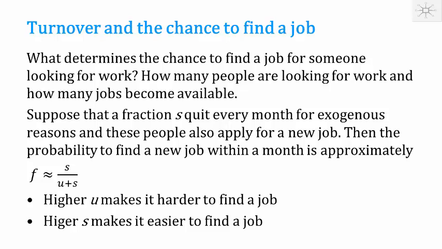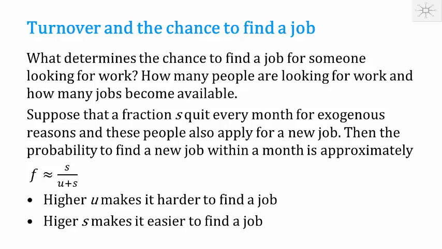Then one can show that the probability to find a new job for someone who is actively looking for work, the probability to find a job within a month, is approximately s over u plus s, where little s is the fraction who leave the jobs and u plus s are the people applying for jobs, which is the unemployed and those who are leaving their jobs.